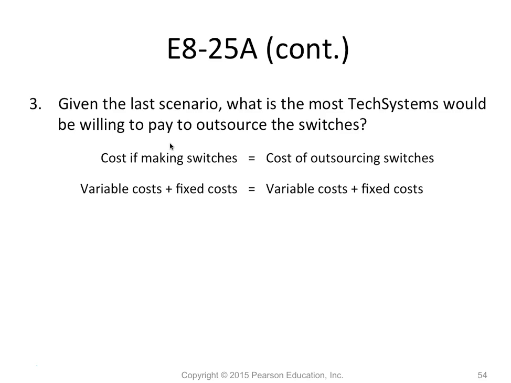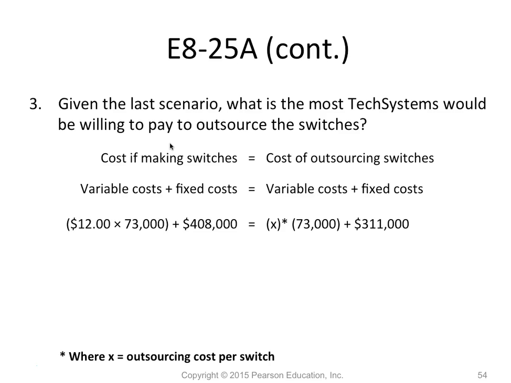Or we say variable cost plus fixed cost equals variable cost plus fixed cost here. Basically, we have 12 times the volume plus the fixed cost equals x times whatever number we have here, and it'll be the same. So the savings here is going to transfer into the savings here.